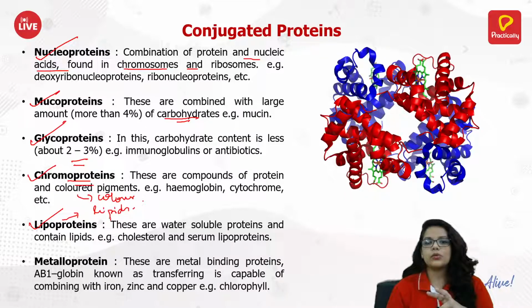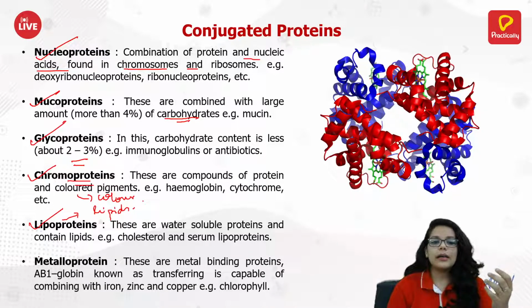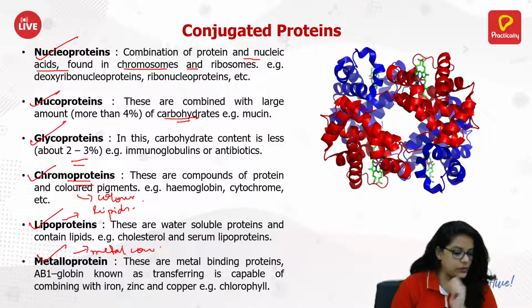There are some lipids also, so it is a lipoprotein. Metalloprotein: there are some metal compounds attached to the protein, such as iron, zinc, copper, etc. So that is known as metalloproteins.